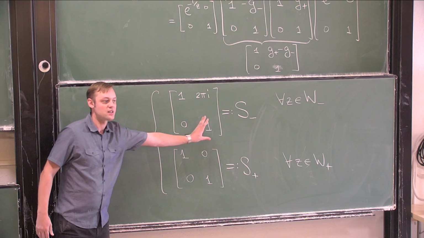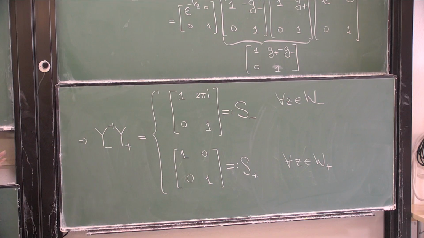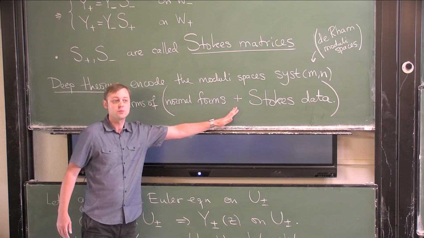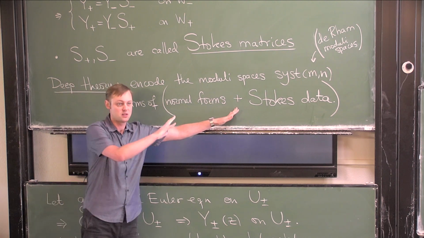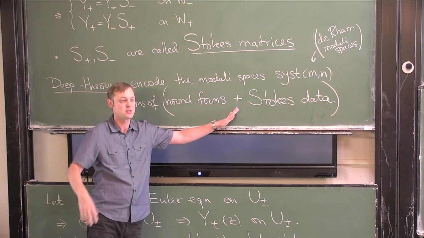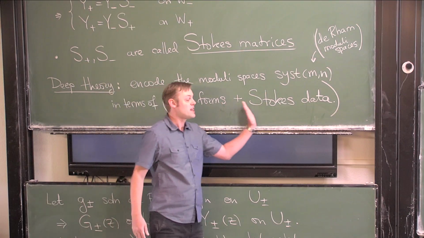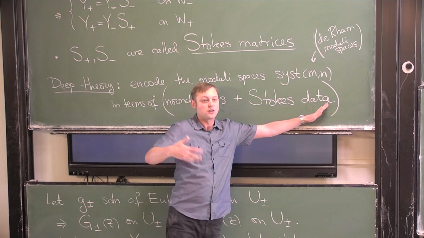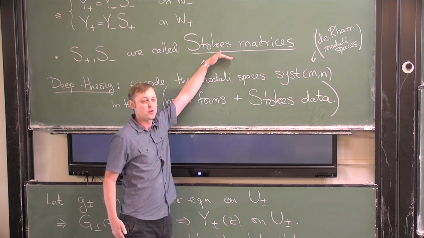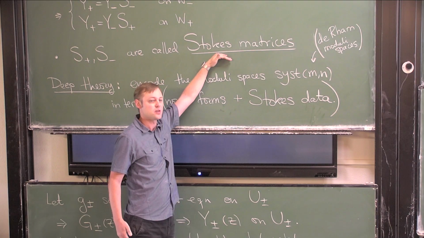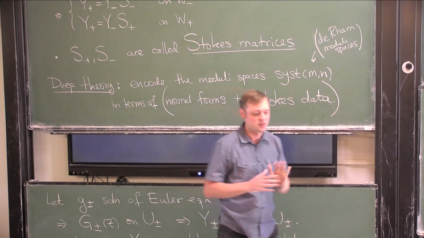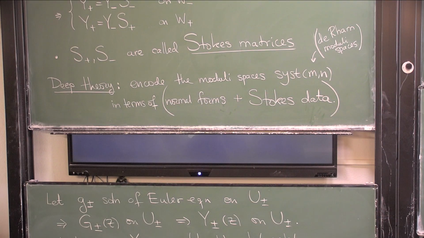So the thing that should sit in the middle is some kind of space which encodes normal forms, exactly of the type that I described. You just take the principal part and look at the diagonal part of the principal part, so to speak. But then you need to encode this Stokes data, which is how you construct it, which Stokes matrix you take, what properties they must have, and how they combine. So this is part of a much bigger and beautiful story.